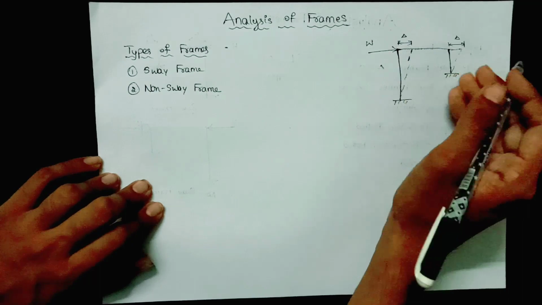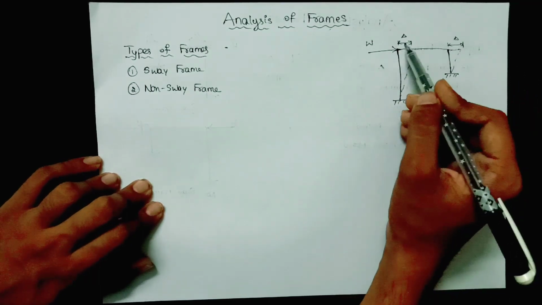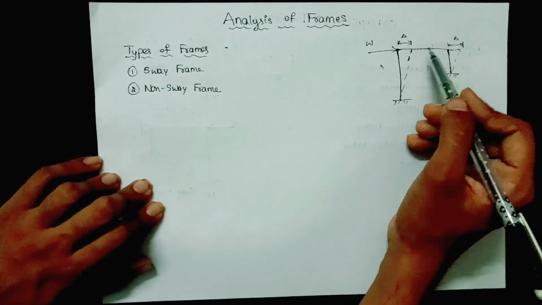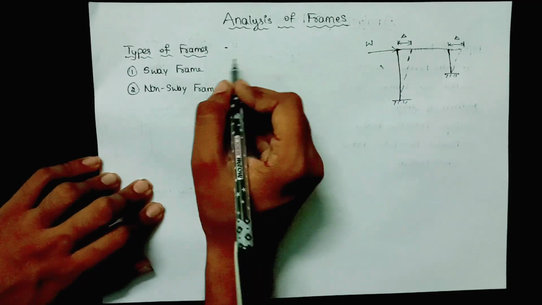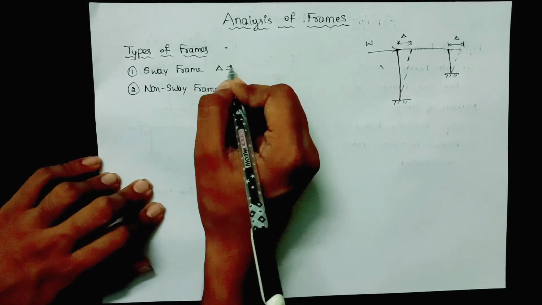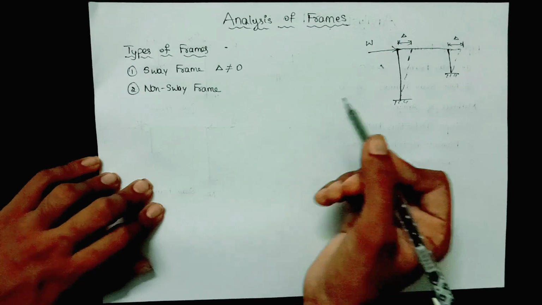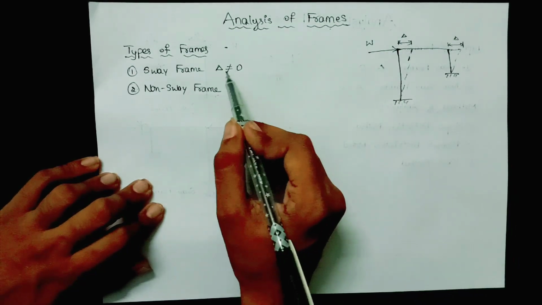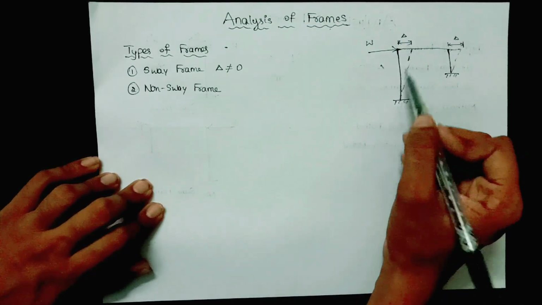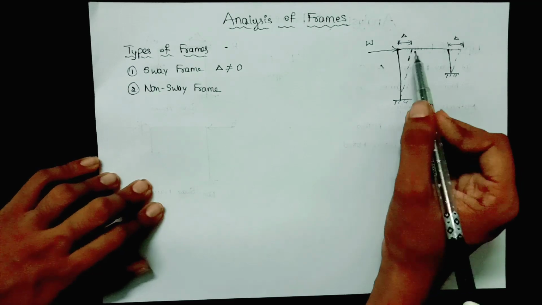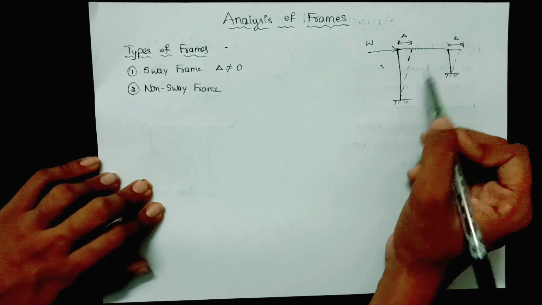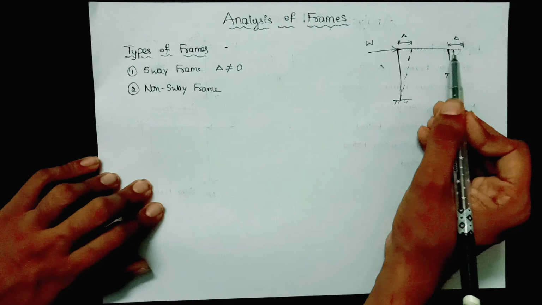Sway is nothing but deflection. There is deflection in these two columns, so it is known as a sway frame. For sway frames, the deflection in columns is not equal to 0. I say deflection in columns because here the deflection is occurring only in the columns, not in the beam. This is one column, this is another column, and this is a beam.